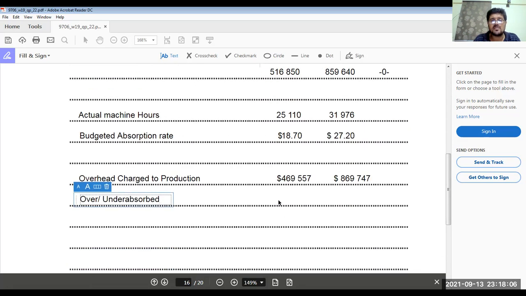So it is under absorbed. 516,850 minus 469,557, answer is 47,293 under absorbed.